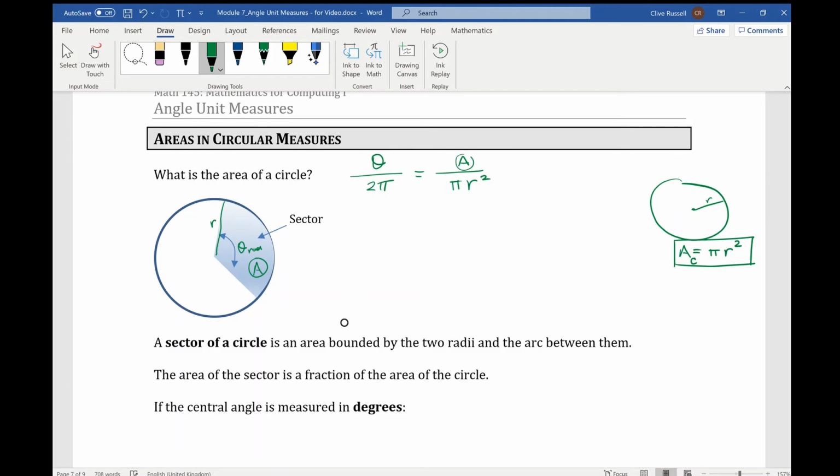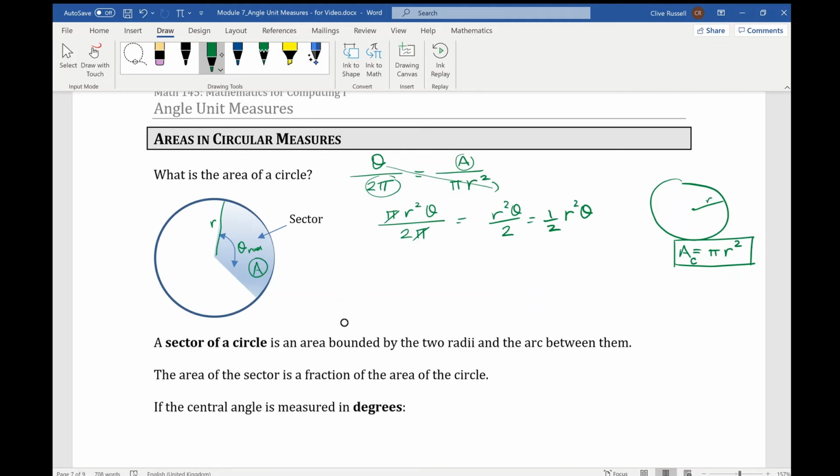So to solve for A, we multiply those two: pi r squared times theta, and you divide by the 2 pi. Now the pi's cancel, and you're left with r squared theta divided by 2, or half r squared theta. So that's the area of the sector.